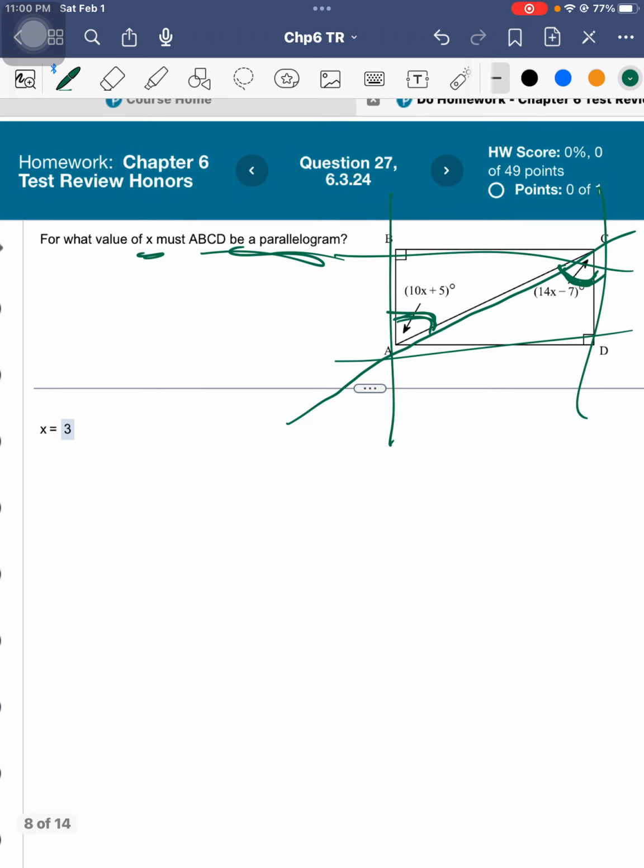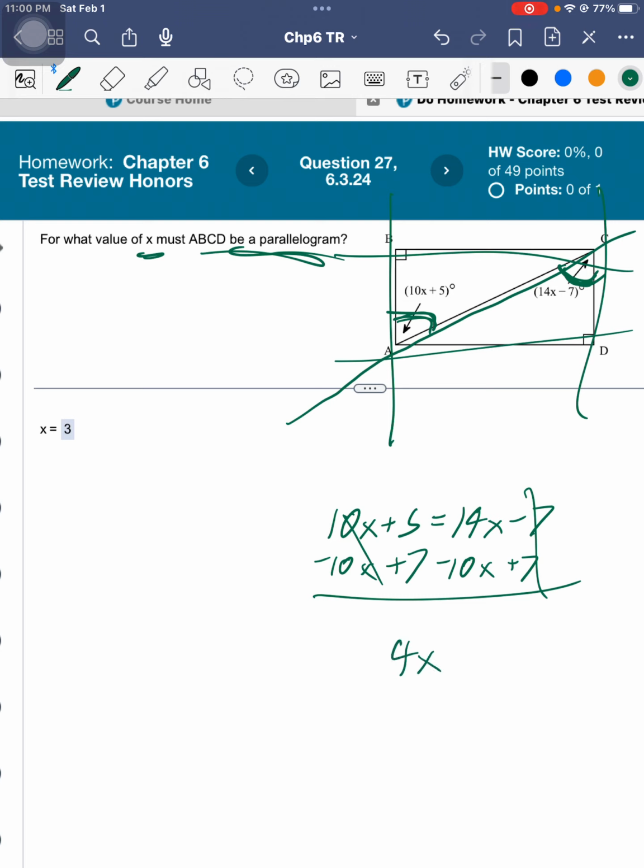What do we know about alternate interior angles inside of parallel lines? We know that they're congruent. So 10x plus 5 is equal to 14x minus 7. So minus 10x, plus 7, plus 7. 4x equals 12. So x is equal to 3.